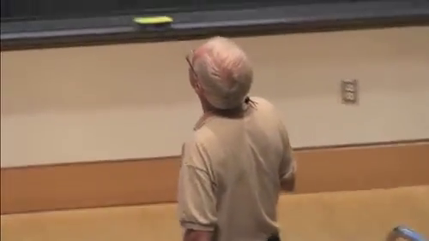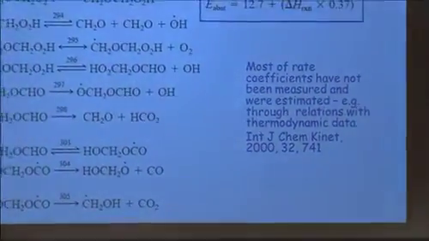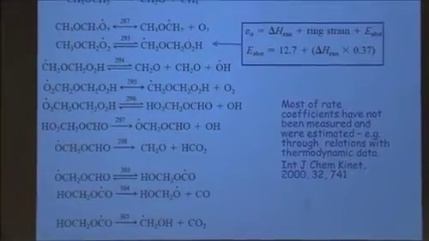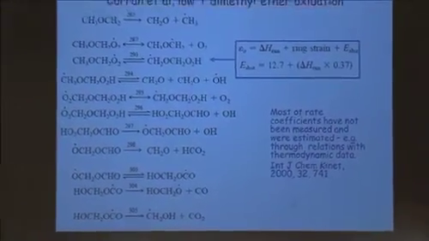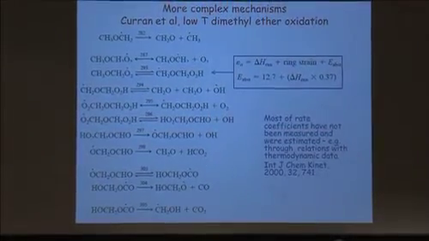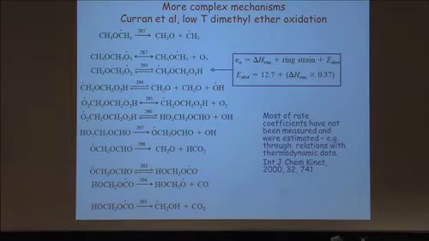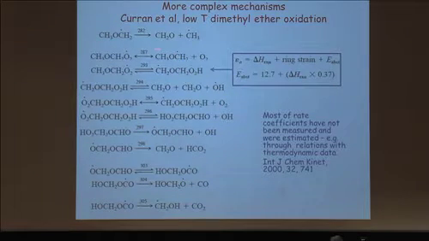So here's another mechanism that comes from Henry Curran on dimethyl ether. I put this up because this is one of the things that we were talking about yesterday, the oxidation of dimethyl ether as investigated using pulse photolysis. So let's step through it and see what's going on.